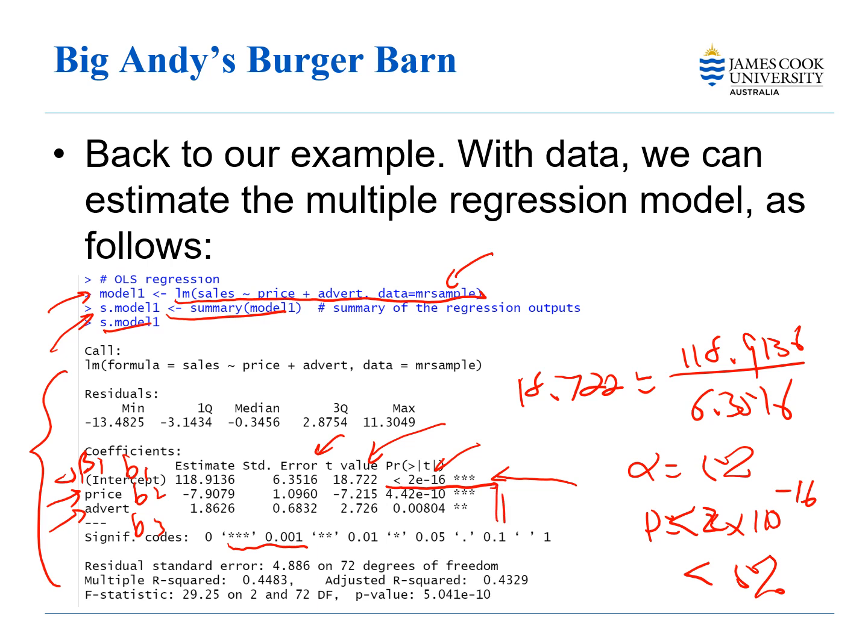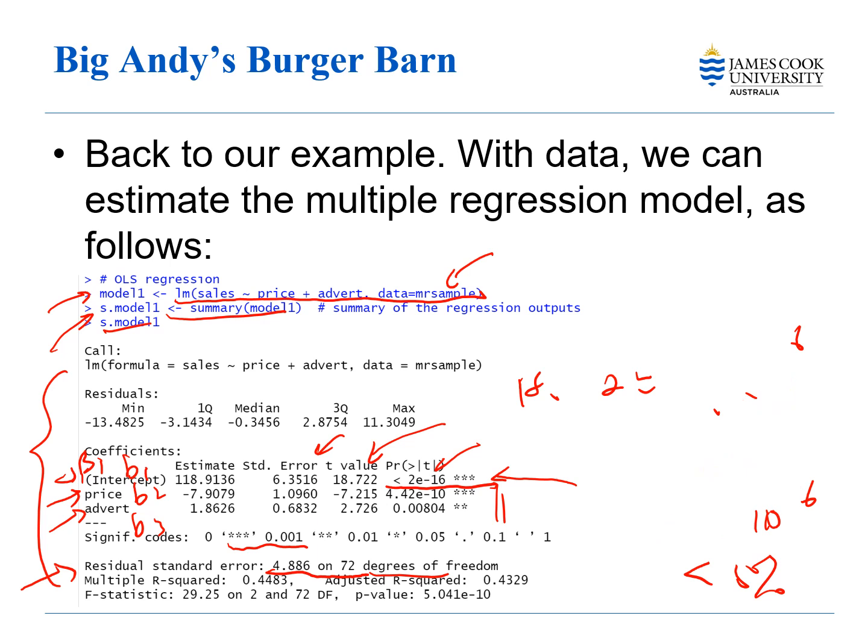Similar for the other coefficients. We can also read the R squared here, 0.4486, and the residual standard error is 4.886 with 72 degrees of freedom. Remember, our n is 75 and we lose 3 degrees of freedom for B1, B2, B3, so 75 minus 3 is 72.